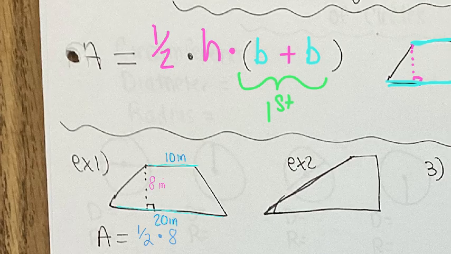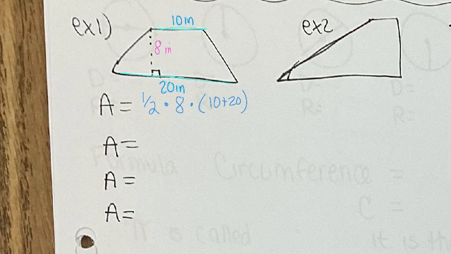Then I'm going to write another multiplication sign, parentheses, and I'm going to put 10 plus 20 or 20 plus 10. The order doesn't matter, 10 plus 20 or 20 plus 10. All right, the next line, order of operations says that I do this next. So 10 plus 20, I write that answer there. Rewrite the 1/2, rewrite the times, rewrite the 8, rewrite the times.